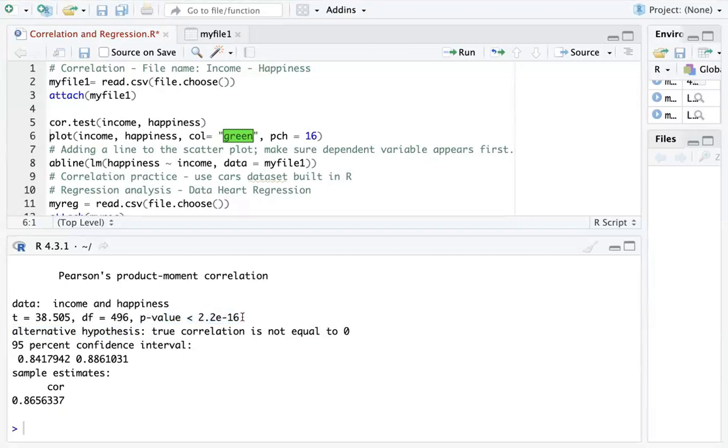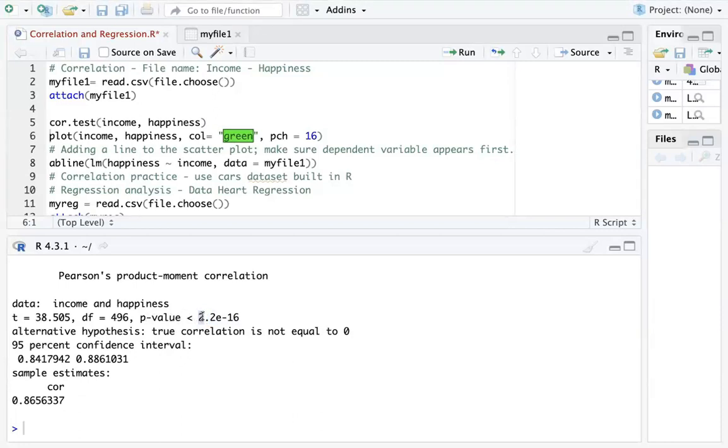Because this p-value is less than 5%, we would say that we have significant confidence that these findings can be generalized. Now, this is scientific notation. It's a very, very small value. It says 2.2 times 10 raised to the power negative 16, which means that we need to move this decimal 16 places to the left.